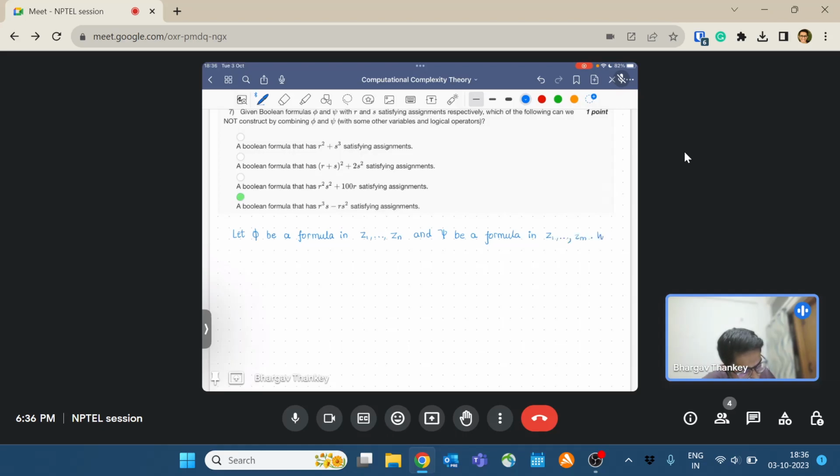And without loss of generality, we can just assume that n is greater than m. Otherwise, we'll just switch the roles of phi and psi.